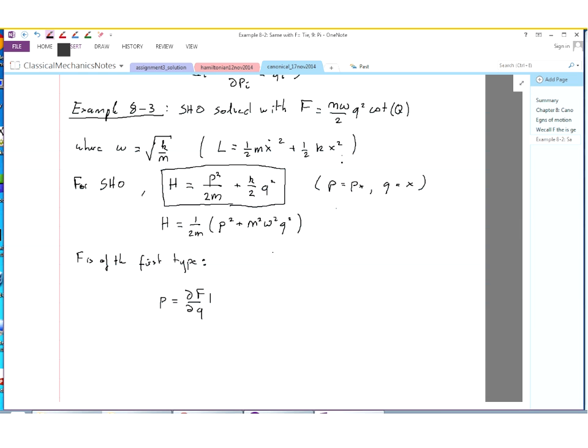So it's just going to pull down the 2. And so that's equal to m omega q times cotangent of capital Q. The big P is minus the partial of F with respect to big Q.